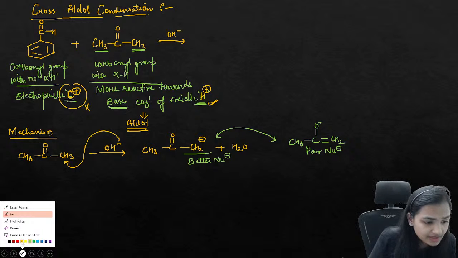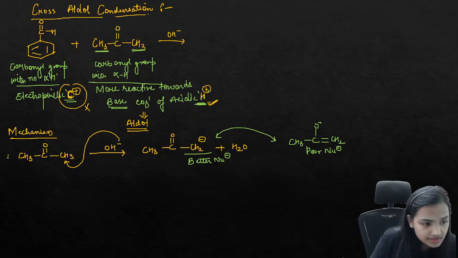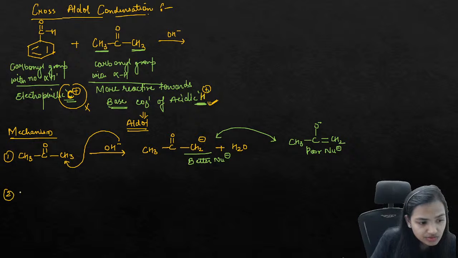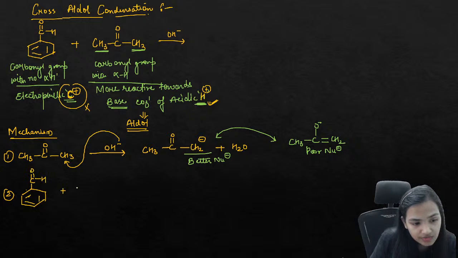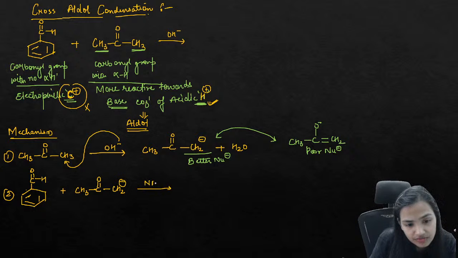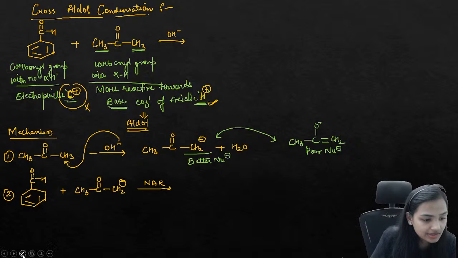Ultimately, this is step number 1. In step number 2, what will happen? Now you have benzaldehyde. When this benzaldehyde reacts with CH3C=O, CH2 negative, we get a nucleophilic addition reaction.